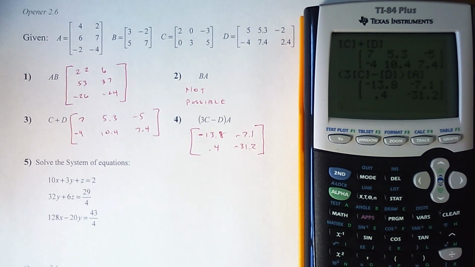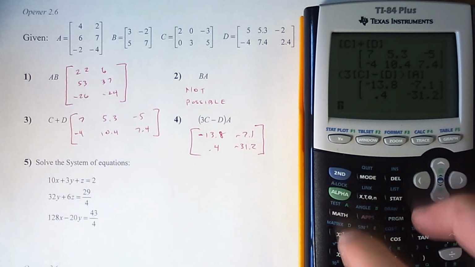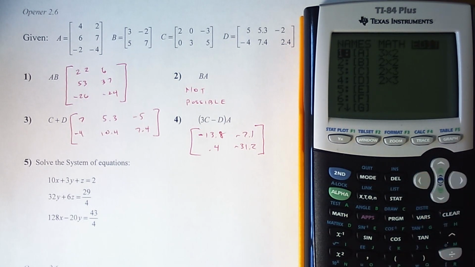Okay, and then we are going to solve this system using matrices. So we'll go to matrix, we'll edit matrix 1, and we'll make this a 3 by 3 matrix. Okay, so I have 10, 3, 1.